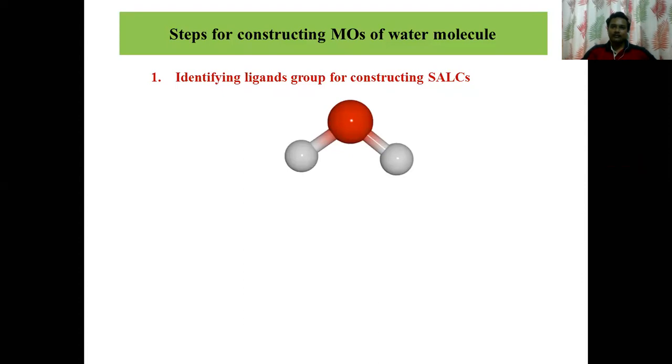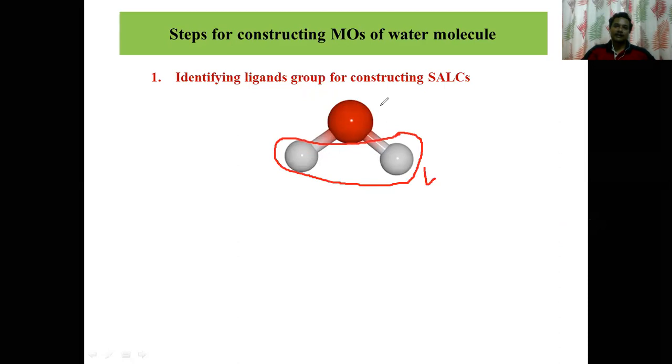The way I do it is we separate out the central atom. Here the central atom is oxygen, and we call the atoms connected to the central atom ligand atoms, right? So we separate like this. This part I'll be taking as the ligand group, so I'm just writing L, and oxygen is going to be the central atom, right?